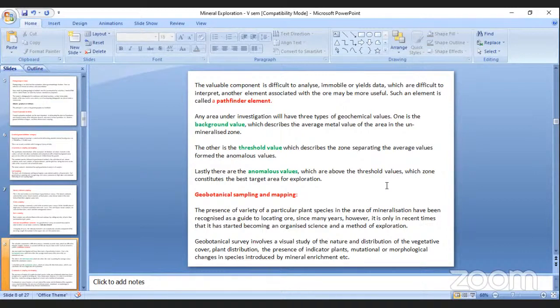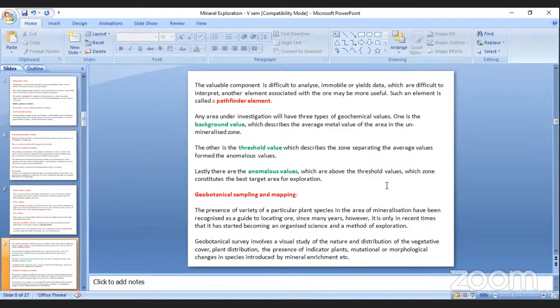This is the relationship between aurum and arsenic. Arsenic is the best pathfinder for aurum. That means if you find arsenic, we have a chance to find the gold.